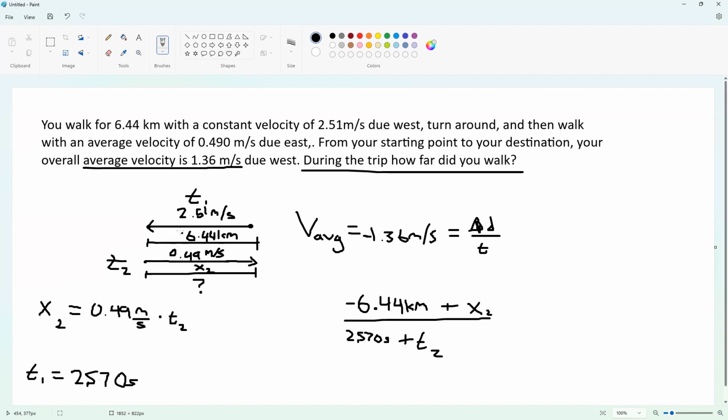No, that's T1. T1 is how long it took you to get from point A to point B. We're looking from point B to point C. We don't know how long we were walking this distance, but this will give us that value.